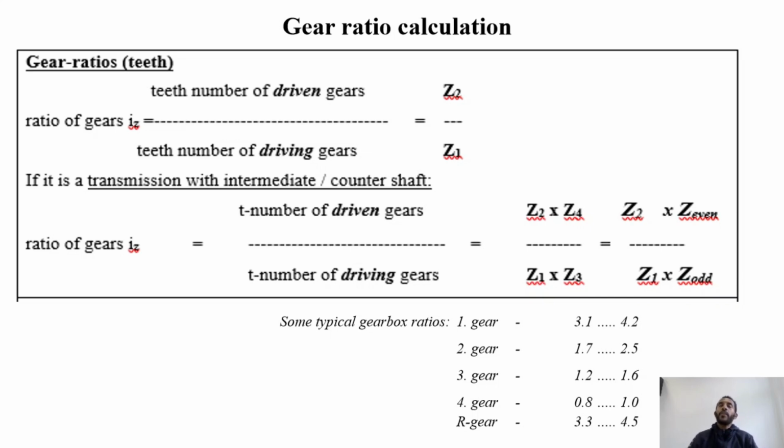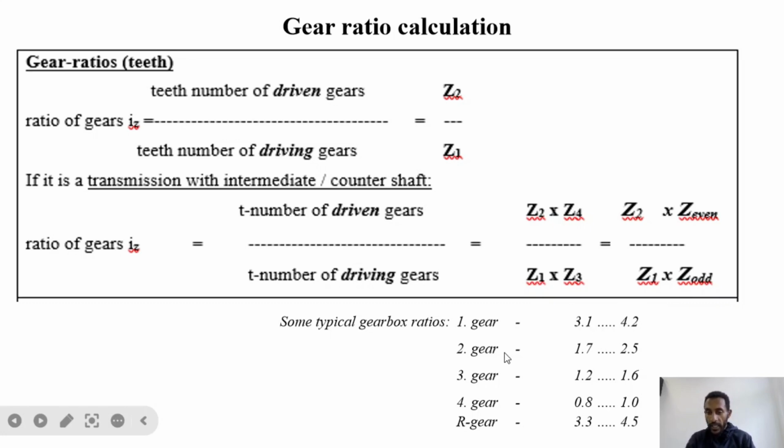And in some aspects, to give you some clue, some typical gear ratio examples. For example, in most vehicles, the first gear range will be 3.1 to 1 to 4.2 to 1 at different engine models. That means it will have this much range.